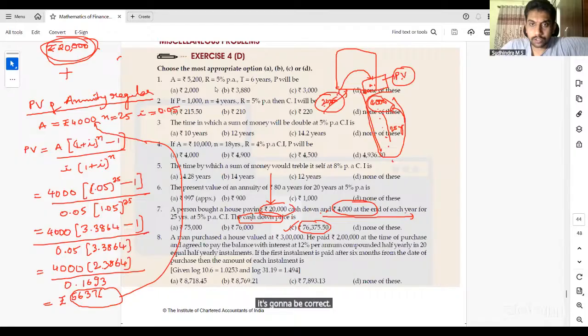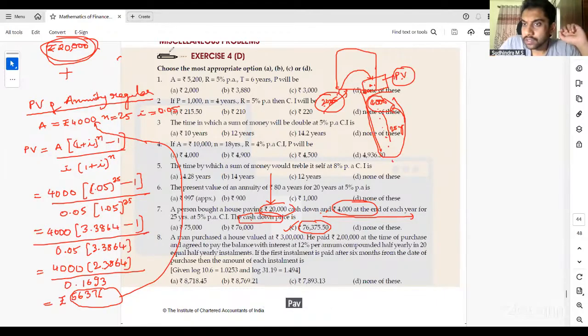Yes, Ganavi, correct. Tanushri, correct. Prapti, correct. Mayur, correct.